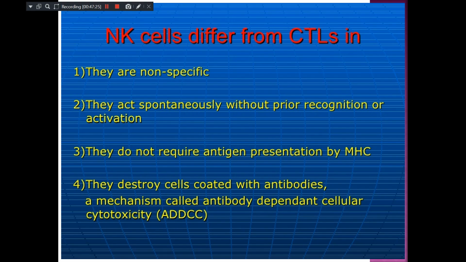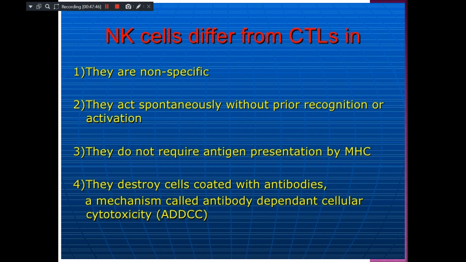NK cells are non-specific. They are not specific to the antigens. They act spontaneously without prior recognition or activation. And there is no question of MHC protein for the presentation of the antigen.